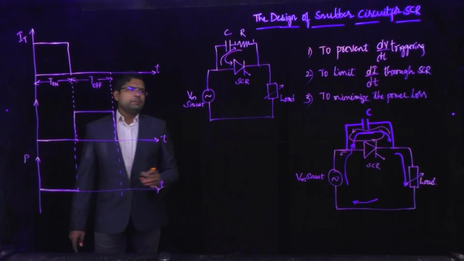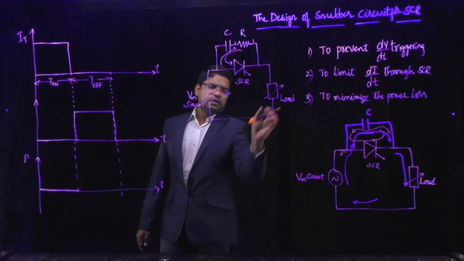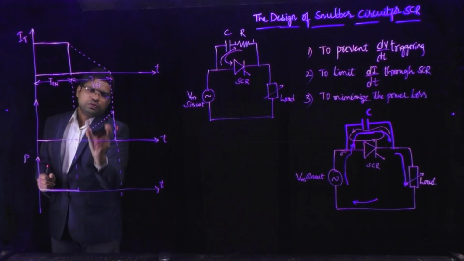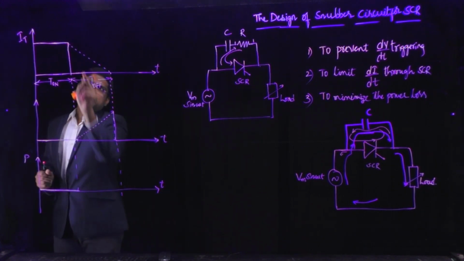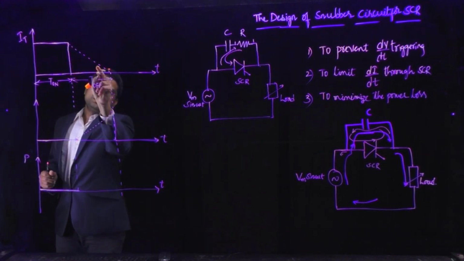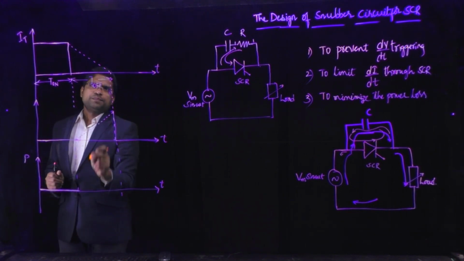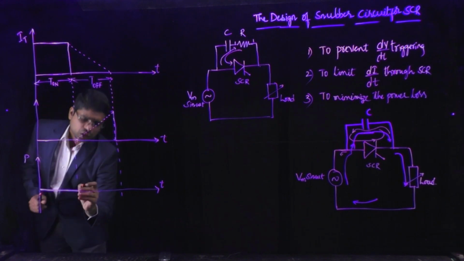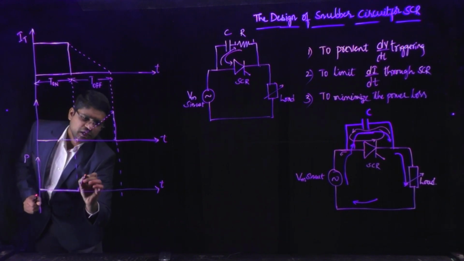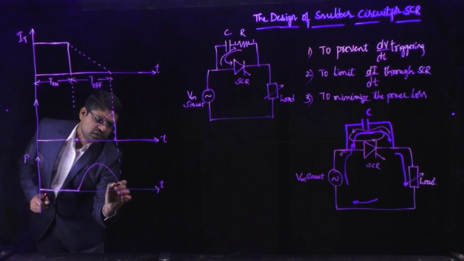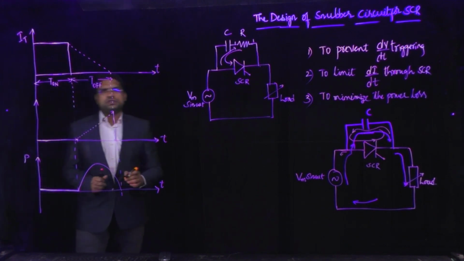Suppose the load is not purely resistive. During the turn off period of the SCR, there is a linear decrease in current flowing through the SCR and a linear increase in voltage across the SCR. When we multiply these two, we may have approximately the power loss across the SCR as this much.